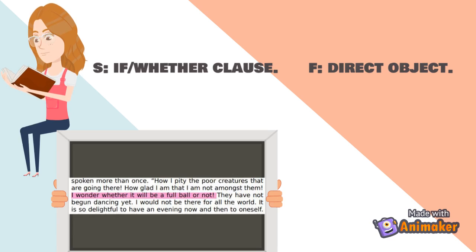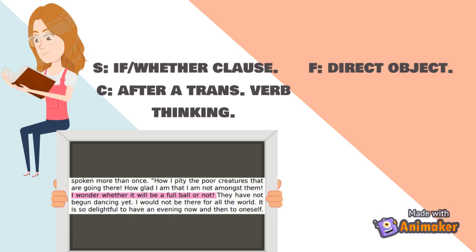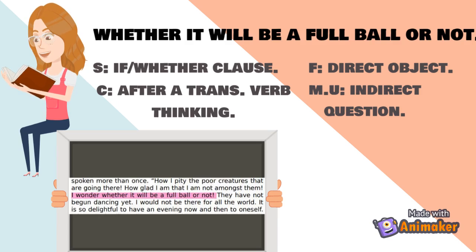I wonder. Wonder what? It will be a football or not. Our context is after a transitive verb of thinking, wonder. Yes? And our main use is indirect question. The person is not asking directly if it will be a football or not. It's a wonder, right?